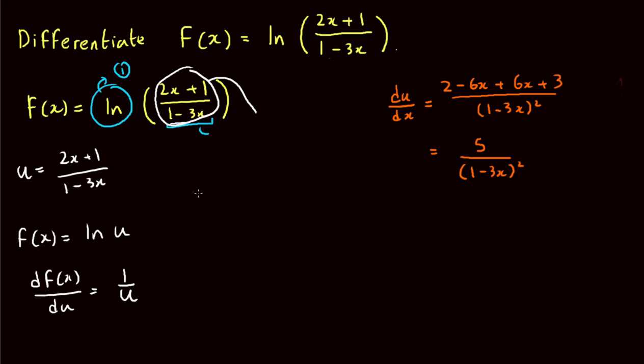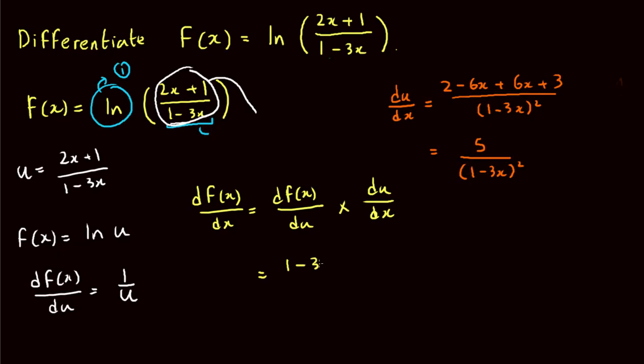Therefore, using the chain rule, df/dx equals df/du times du/dx. df/du is 1 over u, so 1 over u would be (1 - 3x) over (2x + 1), multiplied with 5 over (1 - 3x) squared.